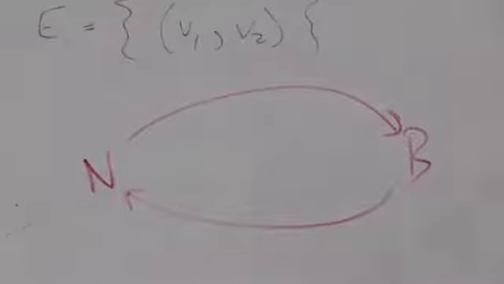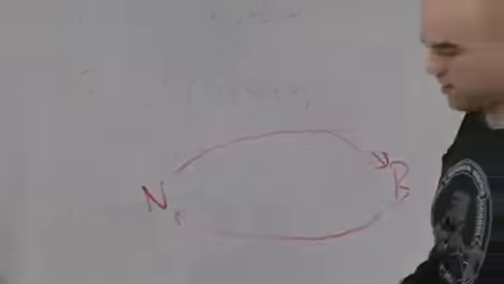The answer is yeah. And this is actually just equivalent to an undirected graph. But you can have a directed graph where some cases have that. And I think this might have an example of that.